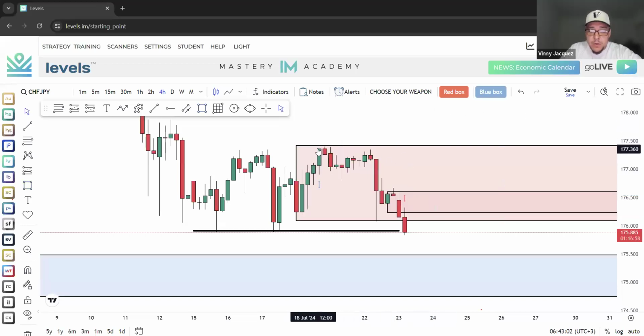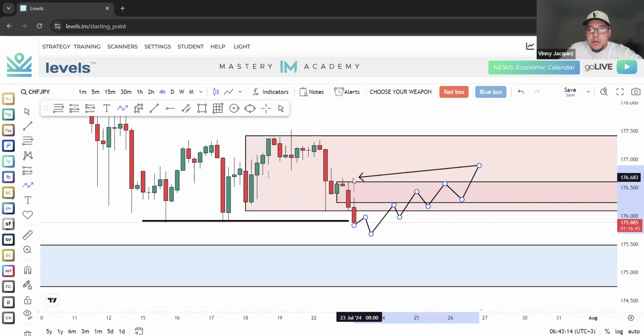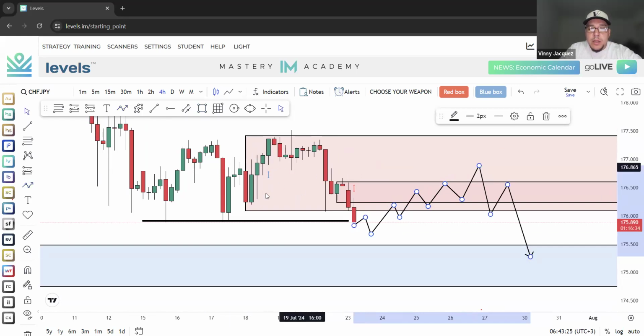You can delete this if you want, but what if the market comes down, comes back up into your starting point, gives you some trouble, and you're looking to take sells right here, so your stop loss is most likely above this wick, and then you hit your stop loss, and then the market goes your way? So I do like to acknowledge the daily structure along with that 4 hour.